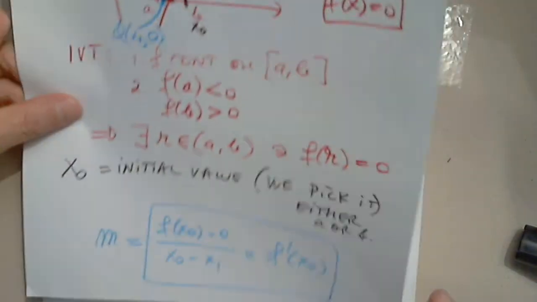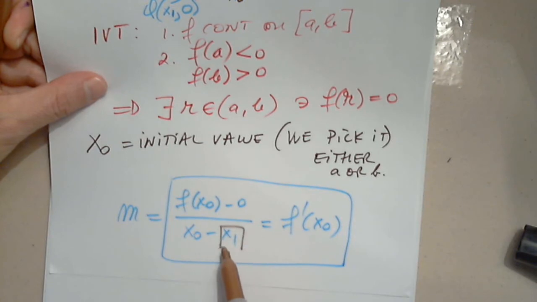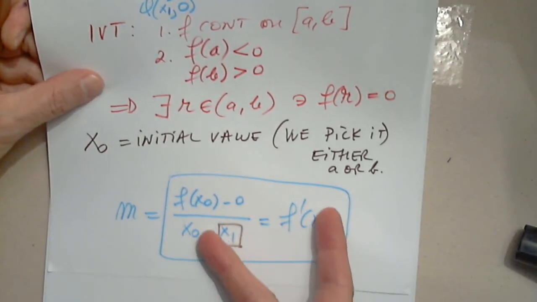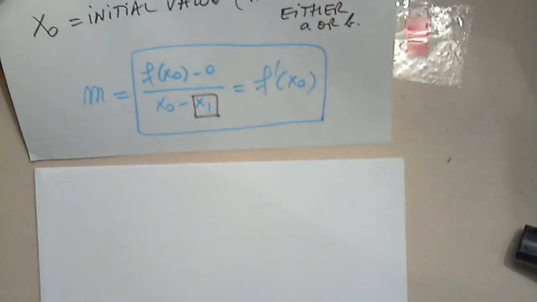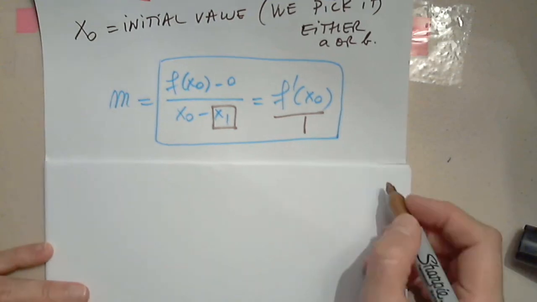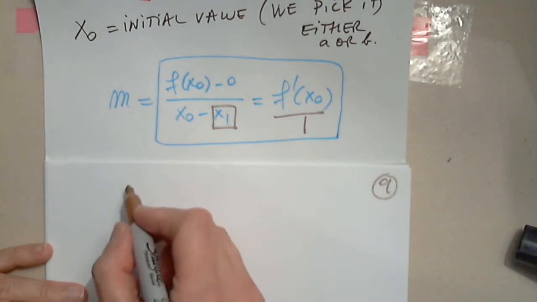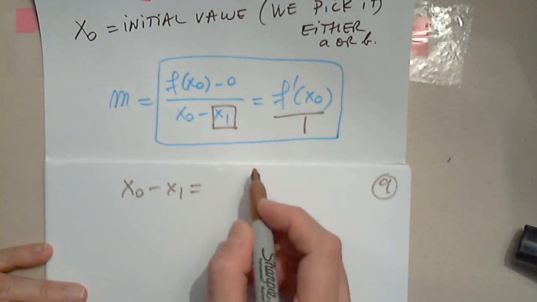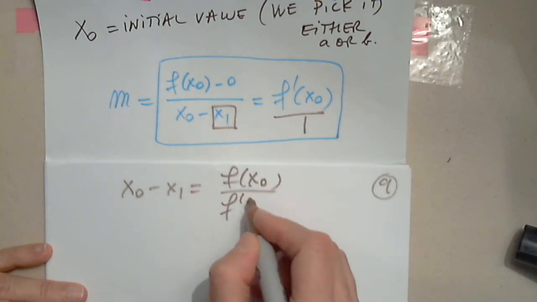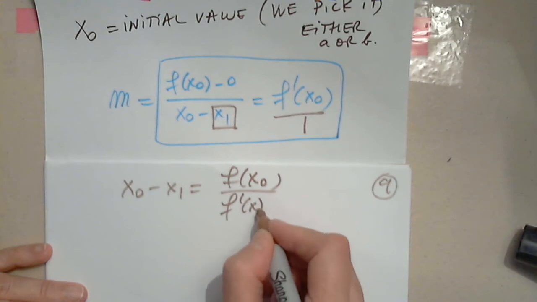So, of course, I'm interested in solving for x1. I will swap these two in a proportion, I can do that, especially when the denominator here is 1. And I get x0 minus x1 equals f of x0 minus 0, that's gone, over f prime of x0.